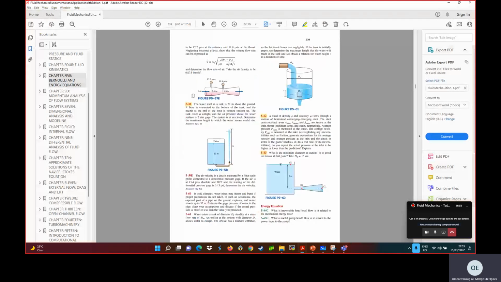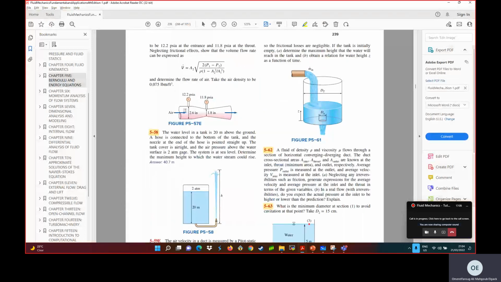The gauge pressure is measured to be 1.22 pounds per inch squared at 1 and 11.8 at 2. Neglect the friction effect. Whenever he says neglect the friction effect, meaning that the use of the Bernoulli equation is justified because this is one of the conditions. Frictional effect is negligible, meaning that the flow is inviscid.